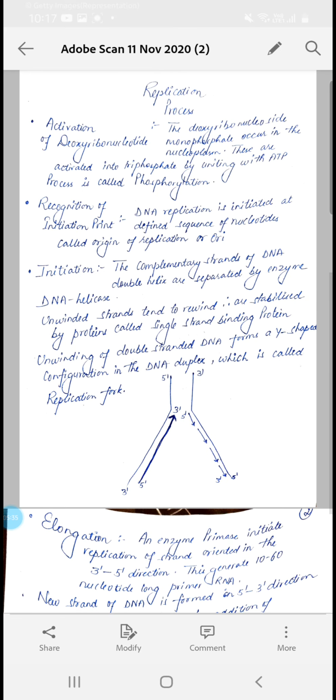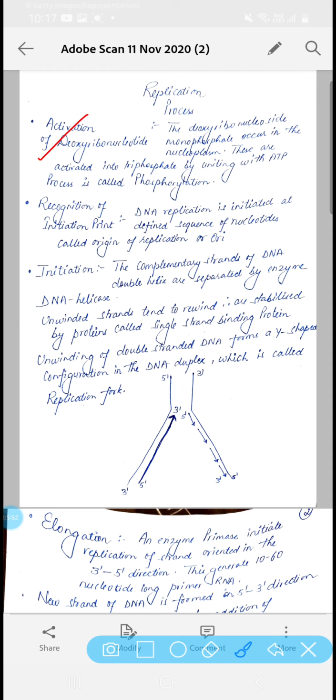That is again an important topic, how replication takes place. Now this replication process is quite a complex process which is divided into various steps. Clear? So the first step of replication is activation of deoxyribonucleotide.